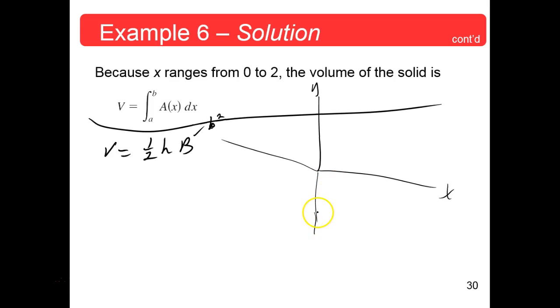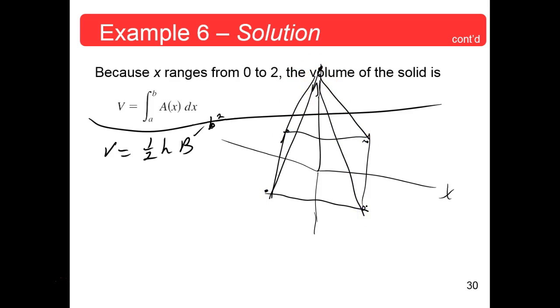So let's just say that's our square base. That's supposed to be a square at an angle. And your height is up here somewhere. So you have lines going down from the height to all of your bases there.